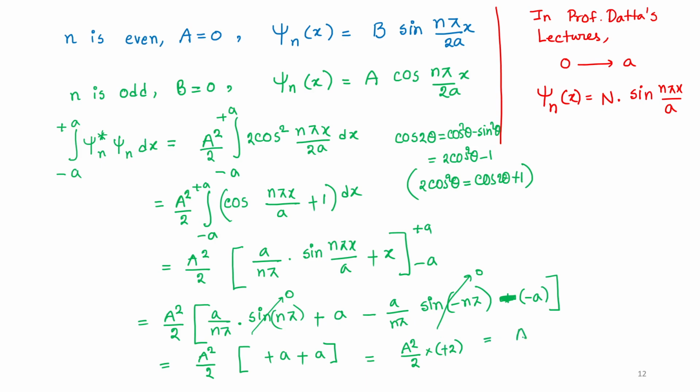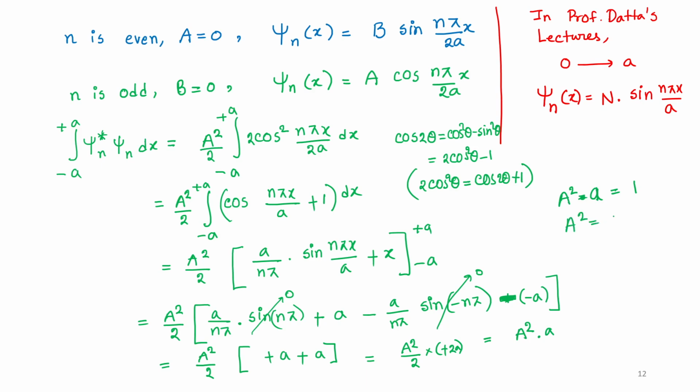So I am getting something as a square times 2a. That should be 1, right? So a square, a should be 1 as a normalization constant.